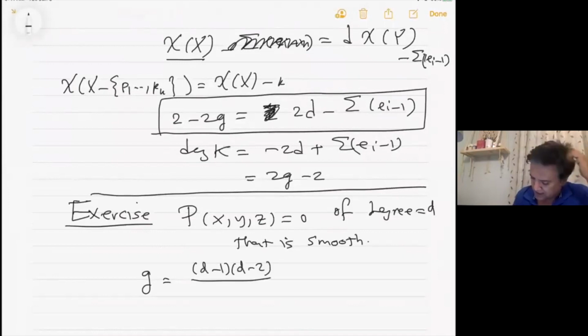So, for example, if the degree of this equation is 3, then 3 minus 1 times 3 minus 2 is 2, divided by 2 is 1. So a cubic equation will give you genus 1. If you have a degree 4 equation, you have 3 times 2, 6 divided by 2, so you get genus 3 using degree 4, right?